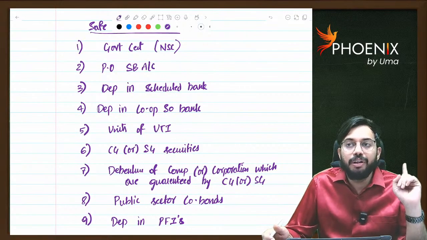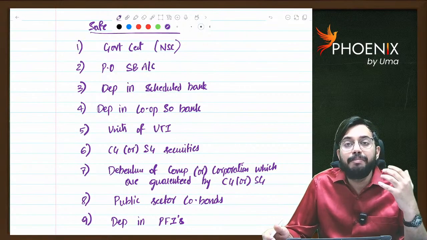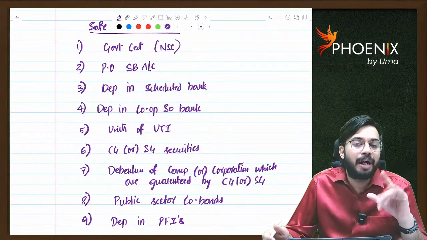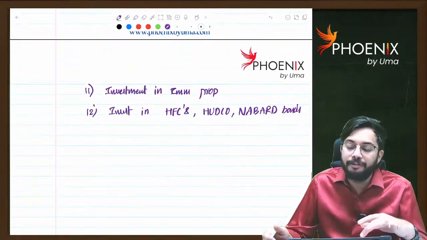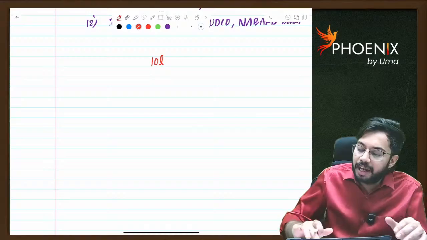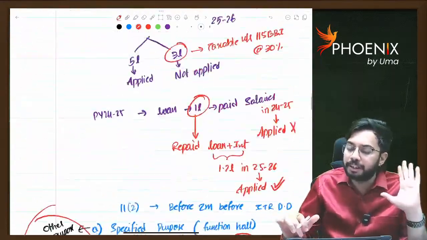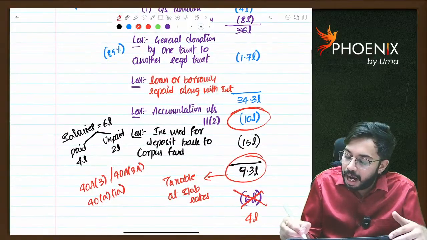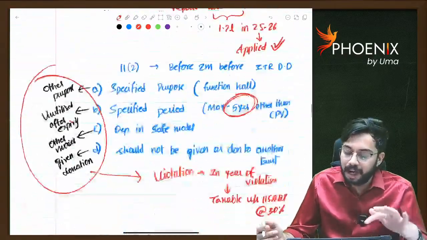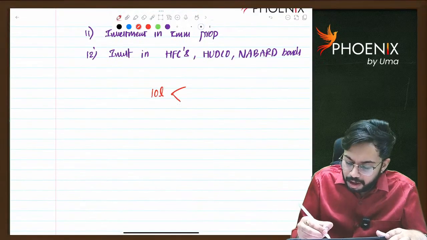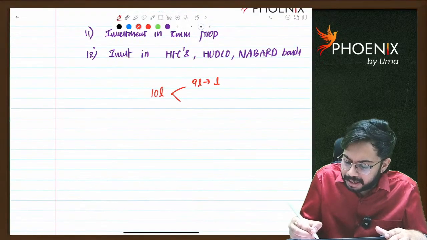Otherwise, whatever amount is misutilized or misinvested will be treated as income and it is taxable under section 115BBI. For example, take 10 lakh rupees, which I accumulated for the purpose of constructing a function hall. Out of 10 lakh rupees, with 9 lakhs I purchased land.